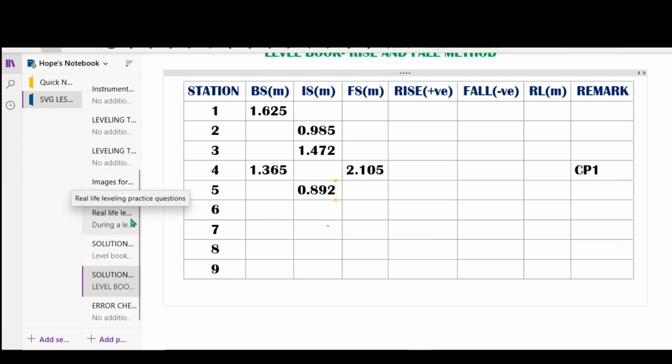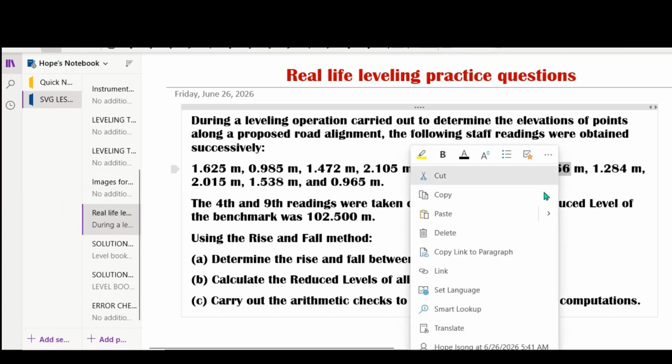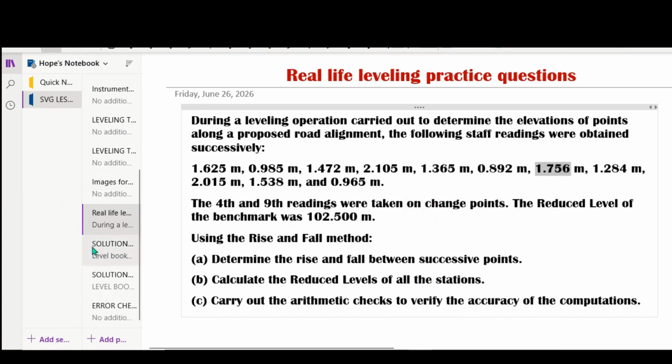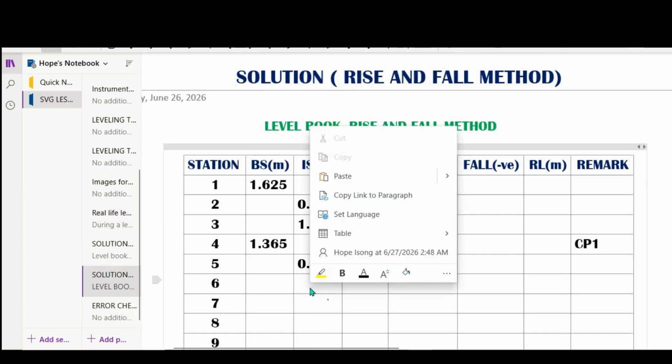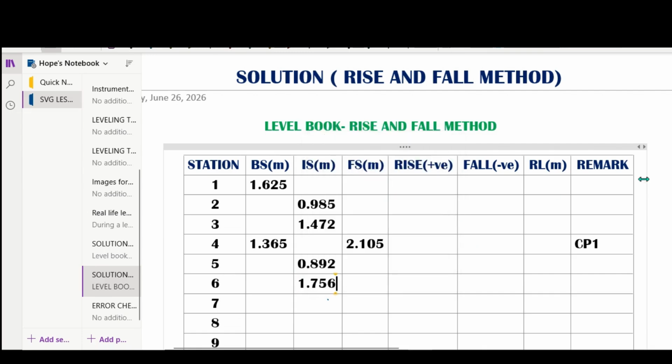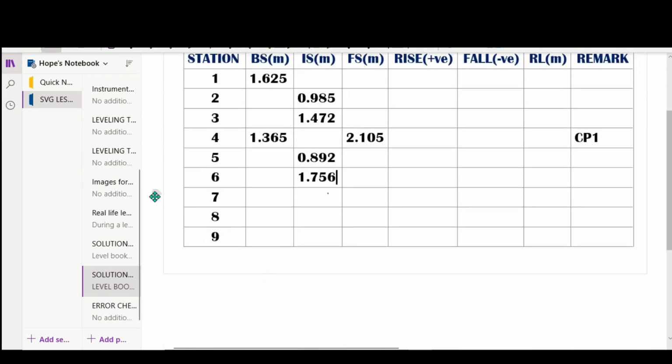Next one, intermediate, until we get to the 9th reading.